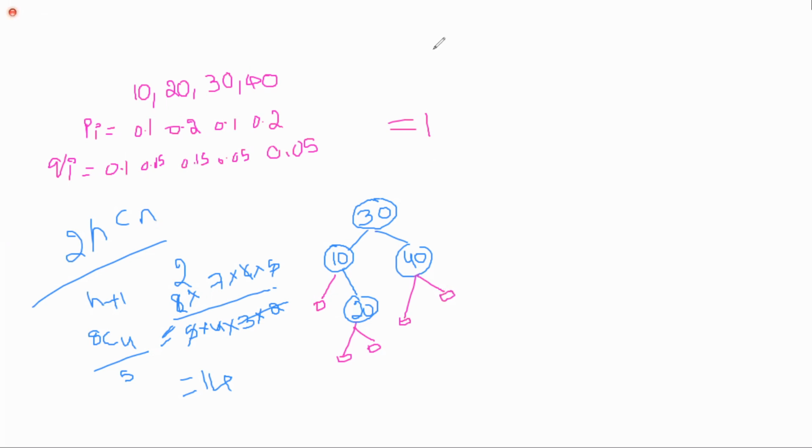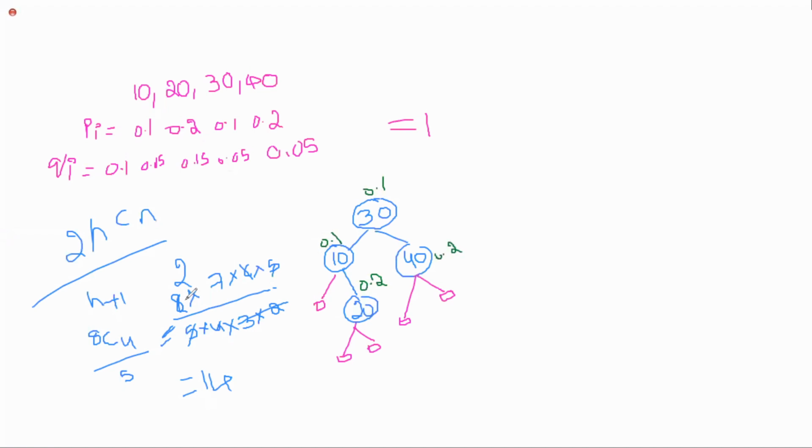Now, for a successful search, for node number 10, what is the probability? They have given the probability as 0.1. Next, for 30, they have given 0.1. Next, for 20, they have given 0.2. For 40, they have given 0.2.